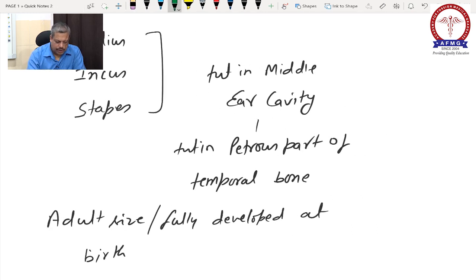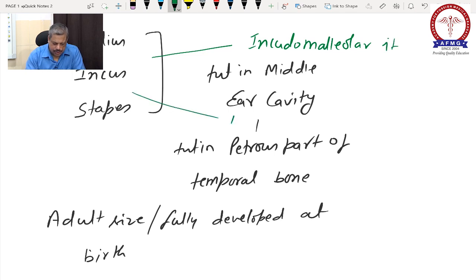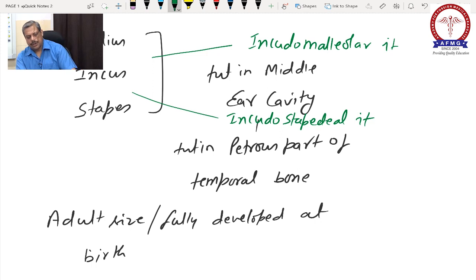So one joint between malleus and incus is known as the incudomalleolar joint. And the joint between incus and stapes is known as the incudostapedial joint.